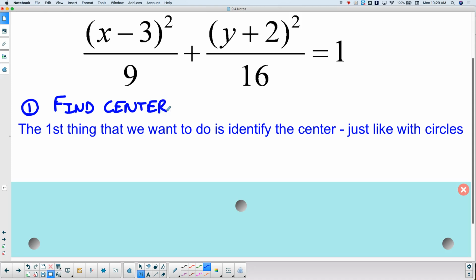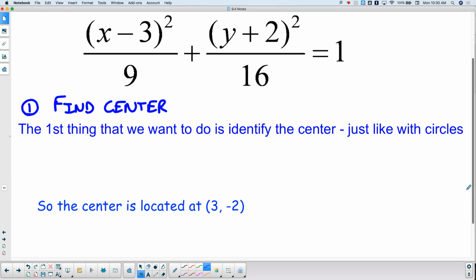Where is the center of this ellipse? 3, -2. How did you come up with 3, -2? I looked at H, K. Okay. And did the opposite of the parentheses, because they're both inside a set of parentheses, right? Okay. So the center of this ellipse is located at the point 3, -2.